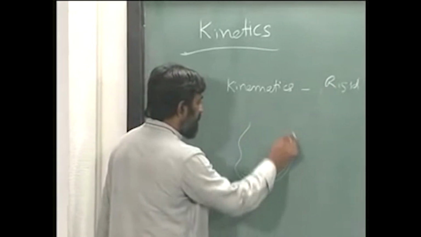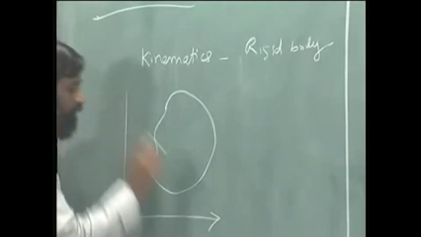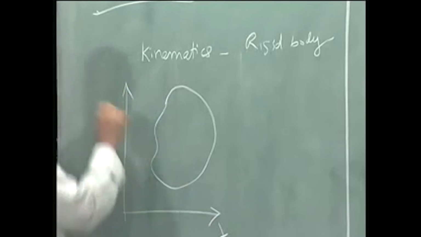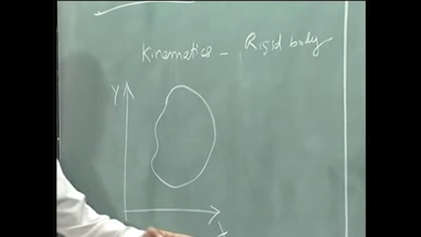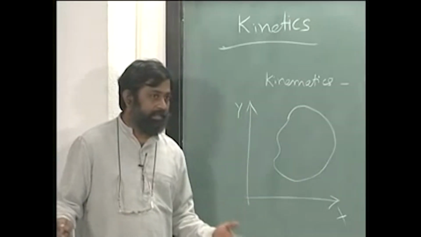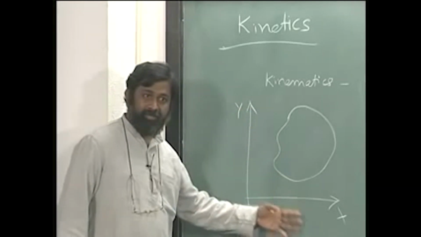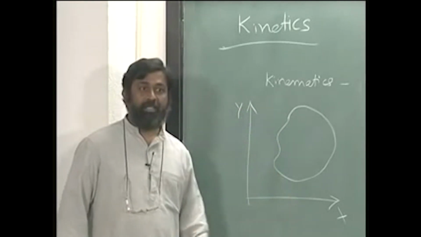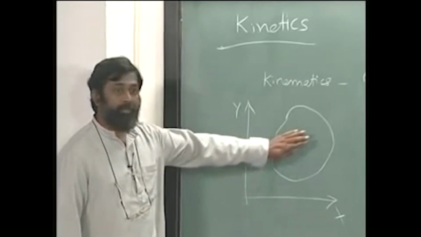Let us say there is a rigid body, okay, and a fixed frame of reference that I always use. Let us assume for now, with respect to the fixed frame of reference, I know all the quantities, especially the acceleration quantities, okay. The first exercise that I may do is to look up the acceleration quantities with respect to the fixed frame of reference. Given that, I can now proceed to look at the equilibrium of this.